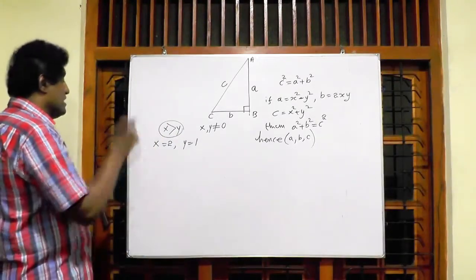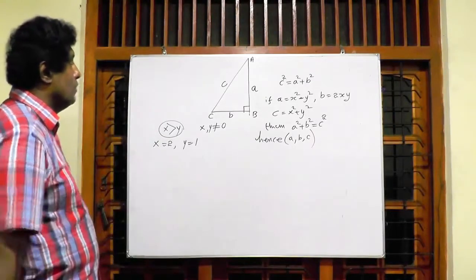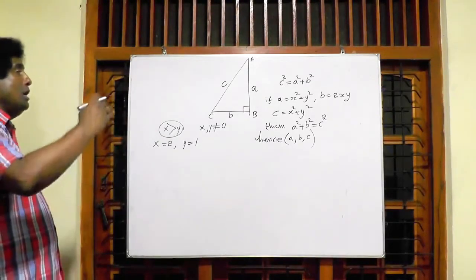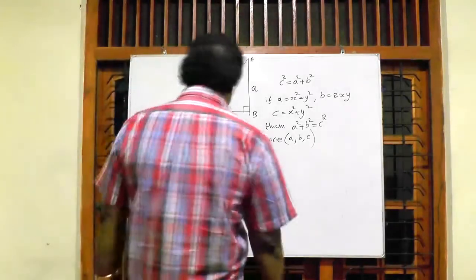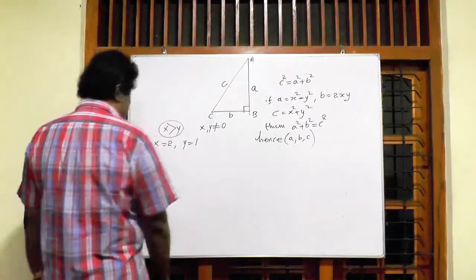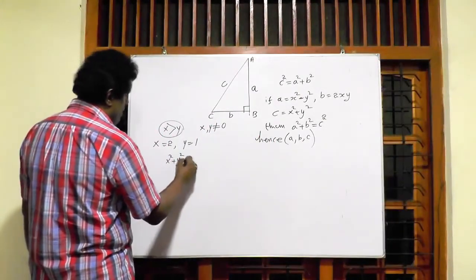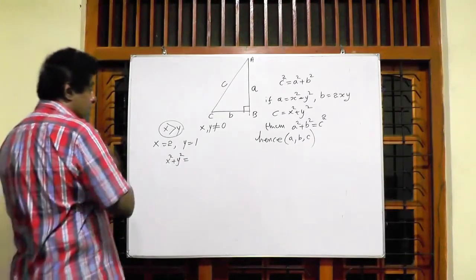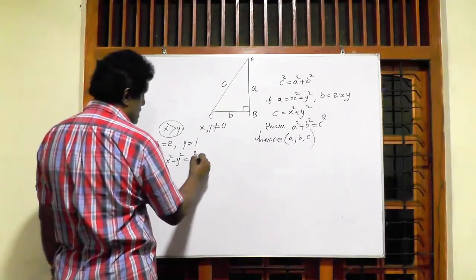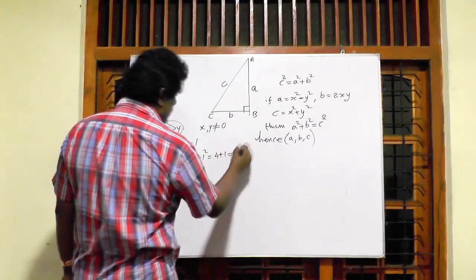When the value of x is 2 and y is 1, we are going to get the values for x squared minus y squared, 2xy, and x squared plus y squared. Then what is the value of x squared plus y squared when x is 2 and y is 1? Here 2 squared plus 1 squared is 4 plus 1, that is 5.